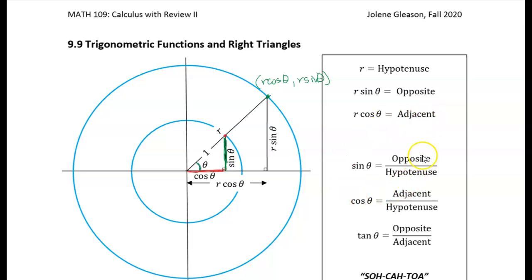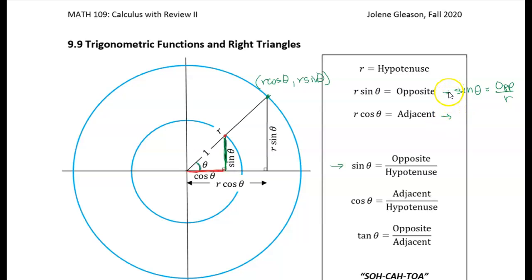So if we rearrange this and get an expression for sine of theta, it's equal to the opposite over r, but r is the hypotenuse. So you can see where this formula is coming from. We can derive it from what we know about unit circles. Same way with this.